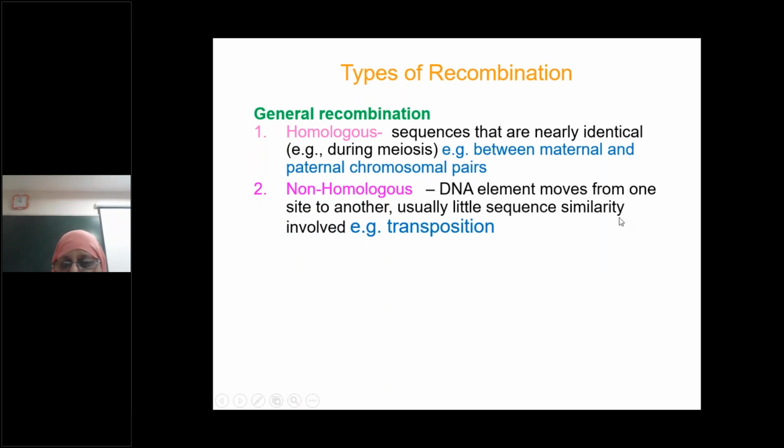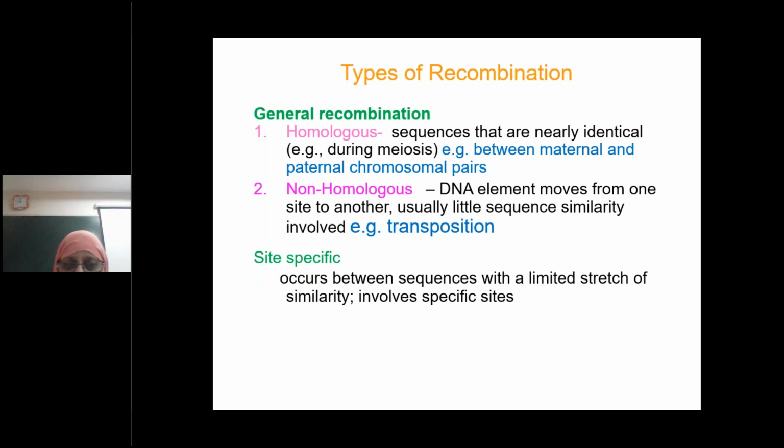Usually little sequence similarity will be seen when the DNA moves from one site to another. An example is transposition. Site-specific recombination occurs between sequences with a very limited stretch of similarity, and it involves only specific sites.